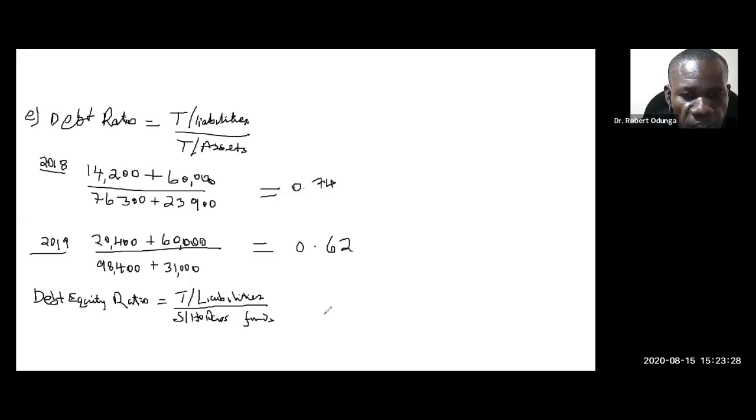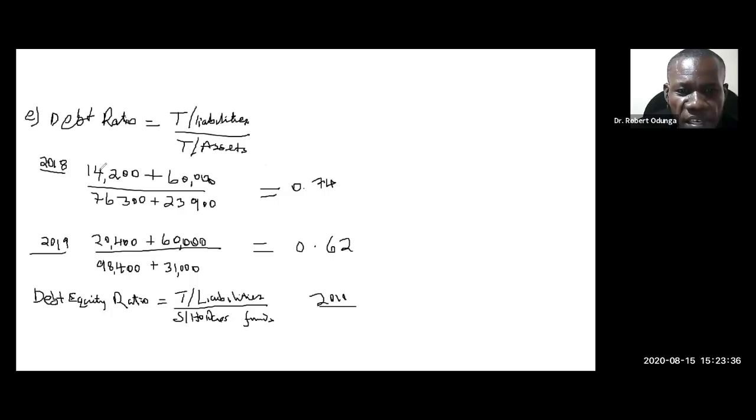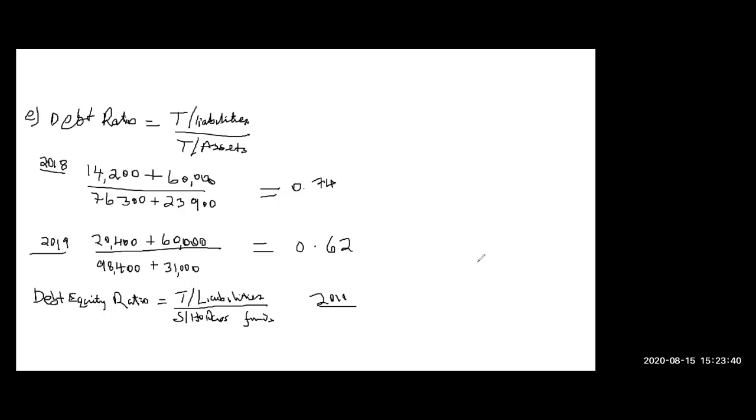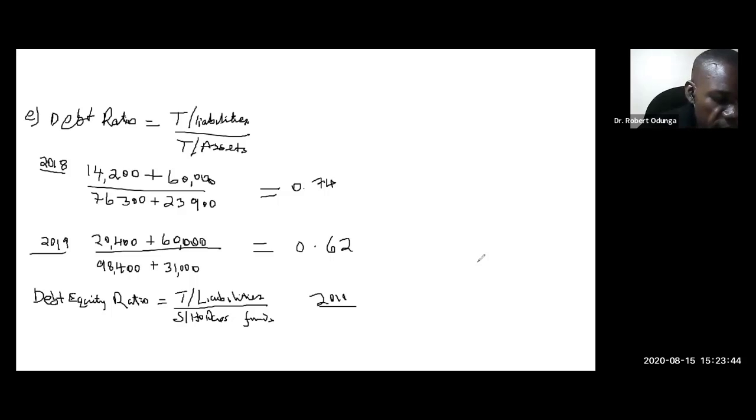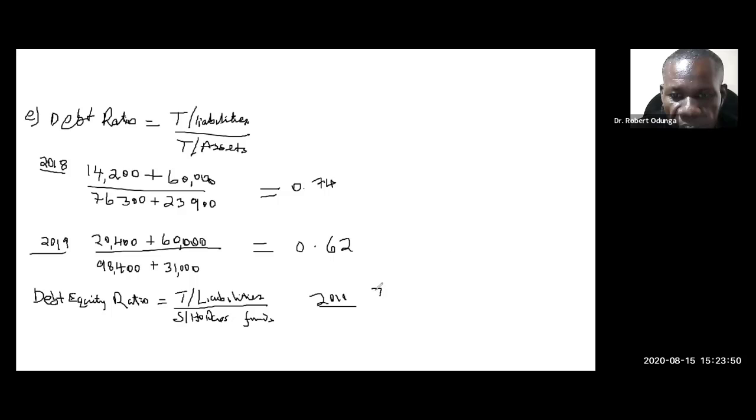So for 2018, our total liabilities is this plus this. What is it? 14,200 plus 60,000 is 74,200.